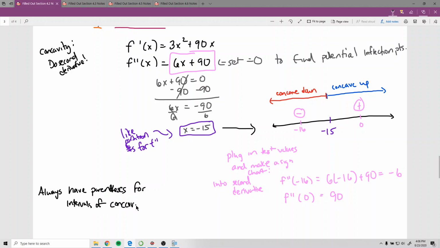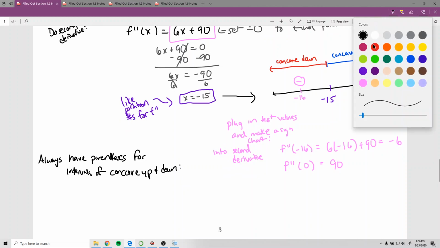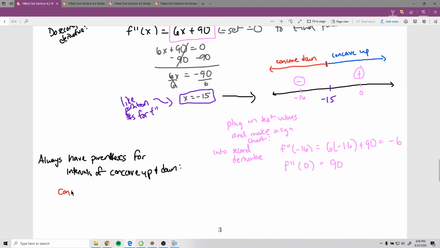Same as last time. And so we'll go ahead and write this part down. Our answer for concave down: we go all the way back to negative infinity up to negative 15. And for concave up, from negative 15 up to infinity, nothing stopping us from going to the right.